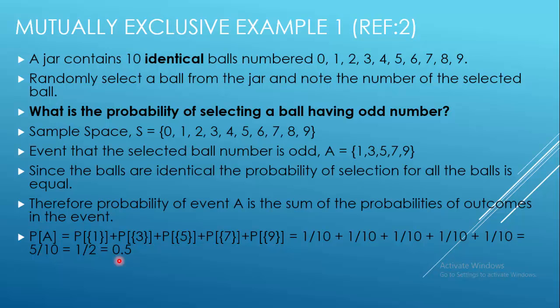So the probability of having a ball with an odd number is 0.5, and it is quite intuitive as well, because 5 numbers are odd and 5 numbers are even out of 10, so the probability is 50%.